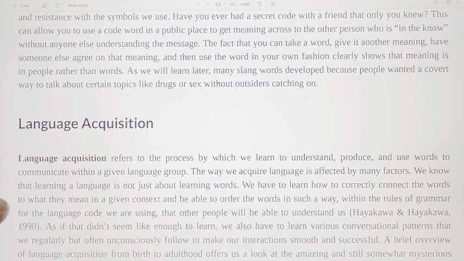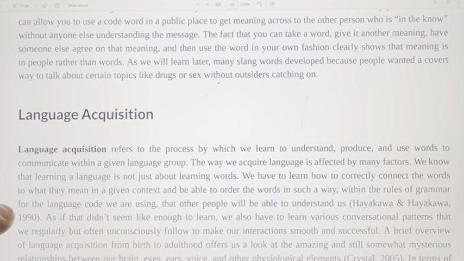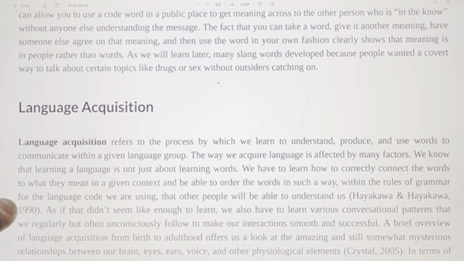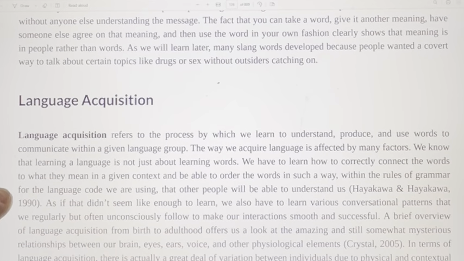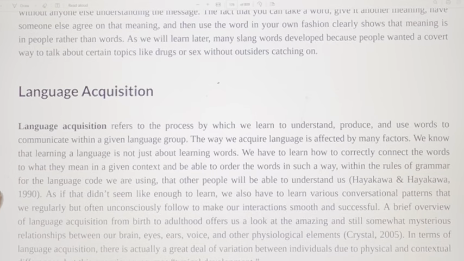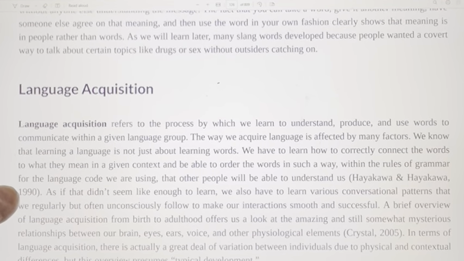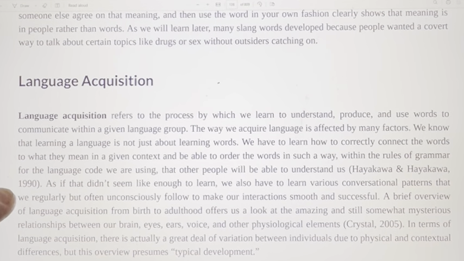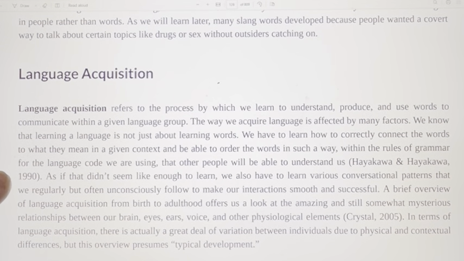This can allow you to use a code word in a public place to get meaning across to the other person who is in the know without anyone else understanding the message. The fact that you can take a word, give it another meaning, have someone else agree on that meaning, and then use the word in your own fashion clearly shows that meaning is in people rather than words. As we will learn later, many slang words developed because people wanted a covert way to talk about certain topics like drugs or sex without outsiders catching on.